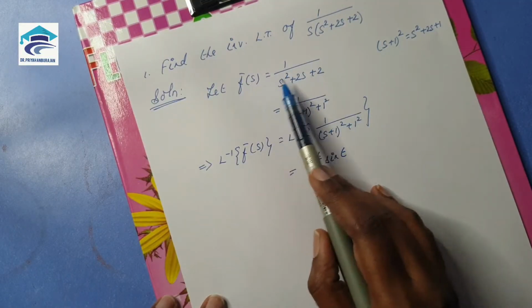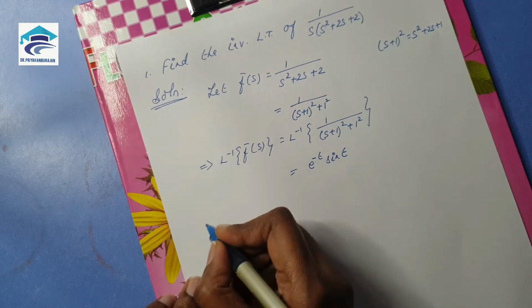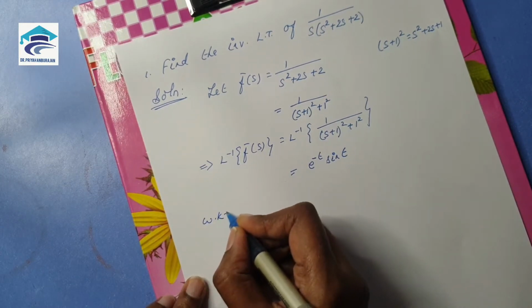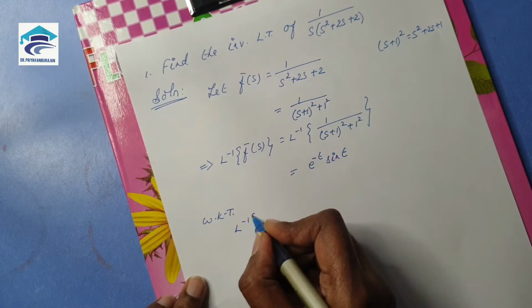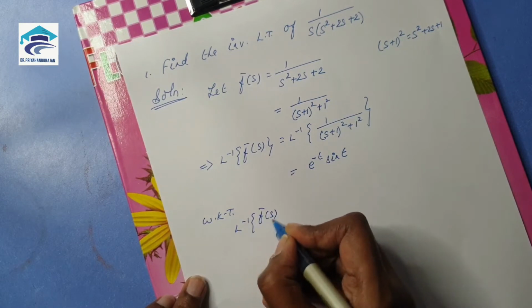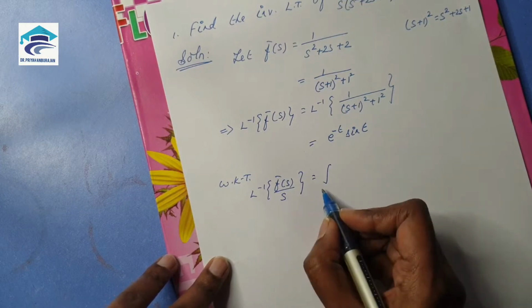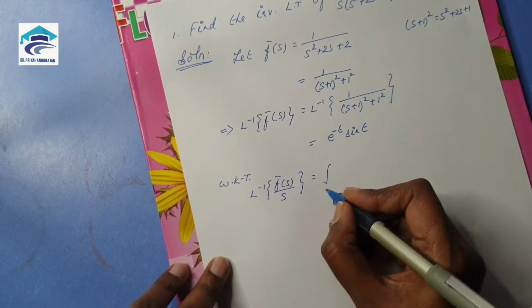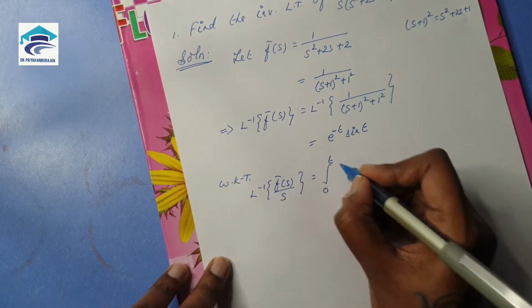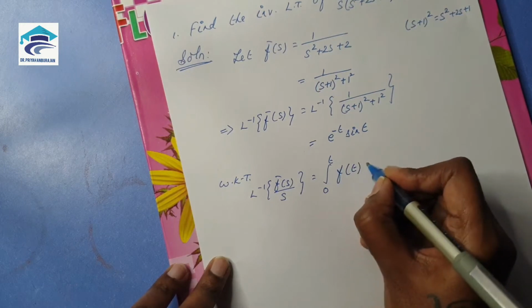We have to include 1 by s, so we will use a formula. We know that L inverse of f bar of s by s is equal to the integration, a single integration, because this is s, from 0 to t of f of t dt.